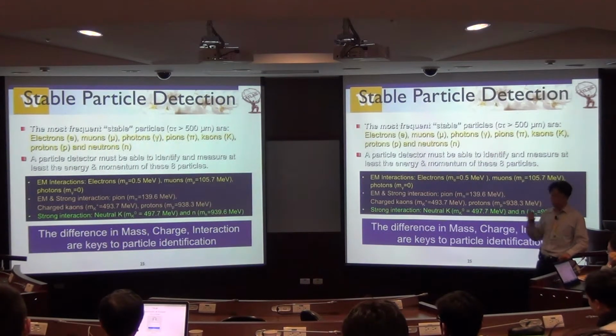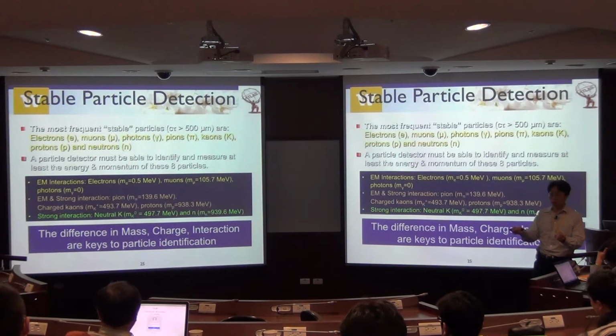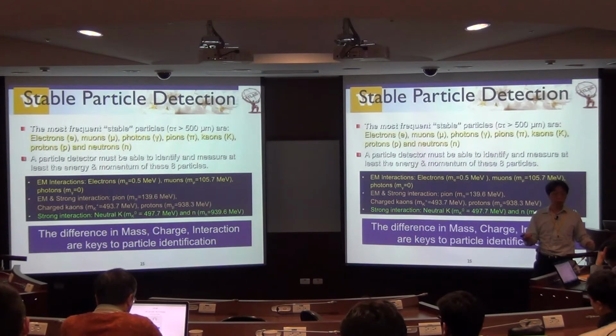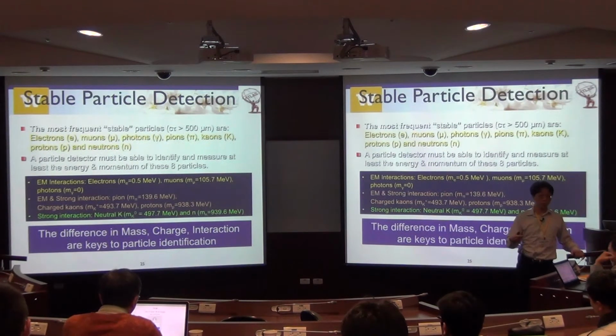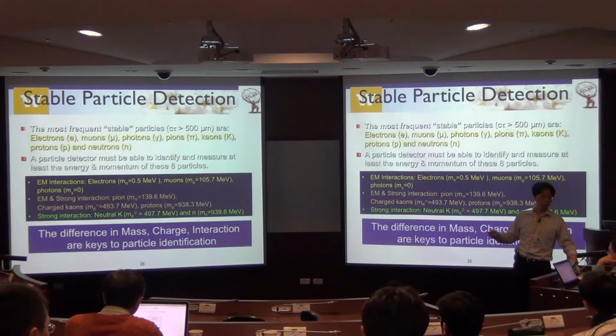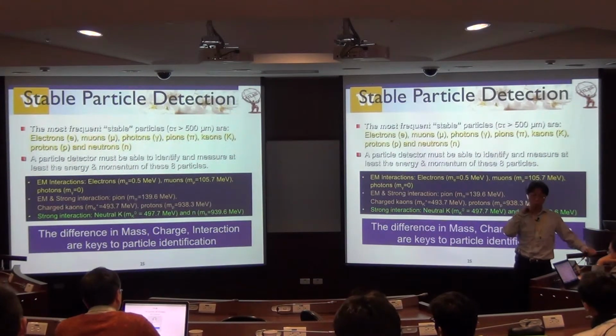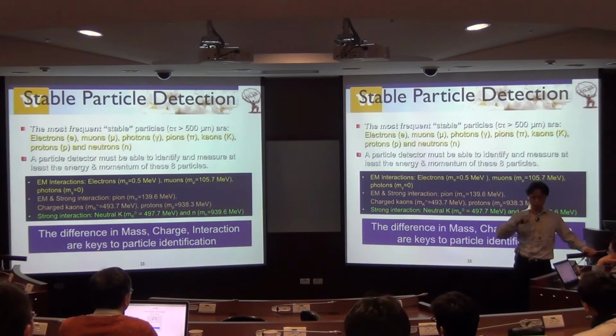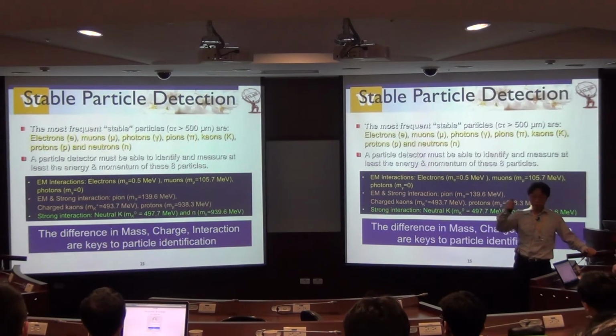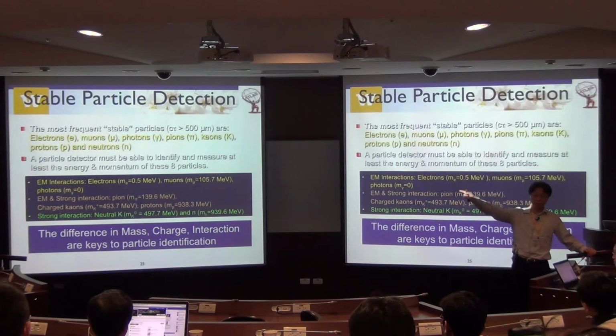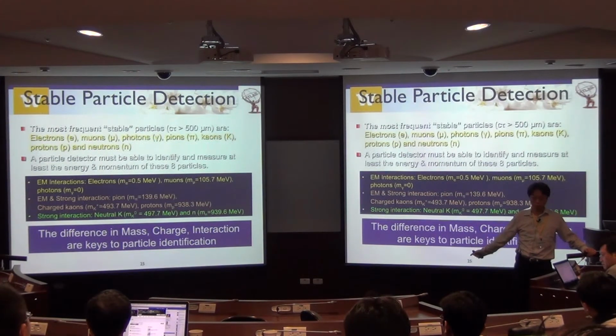So with this, when you produce those particles and calculate their speed, it's quite close to the speed of light. If you multiply 500 micrometers by the speed of light, you can see that this kind of particle, from its production point to where it could possibly decay, can traverse quite a long distance, greater than 10 meters, or even greater than 50 meters.